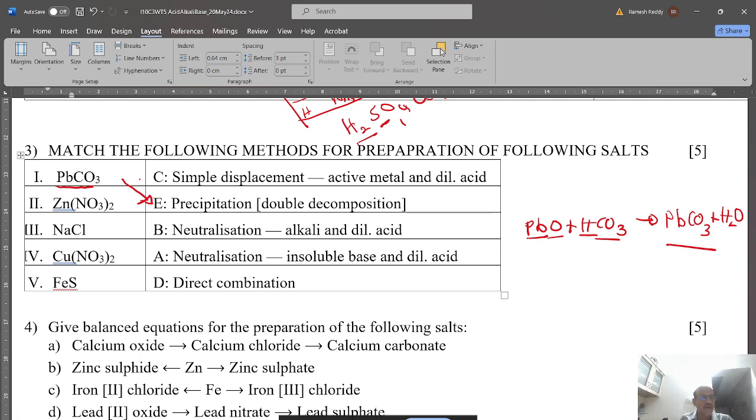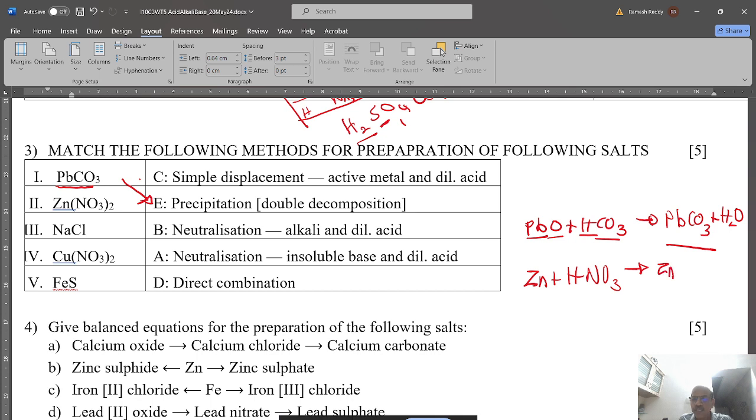Now let's take the other one, zinc nitrate. Zinc is an active metal. Why is it called an active metal? Because it is above hydrogen. Here we are going to take Zn plus HNO3.